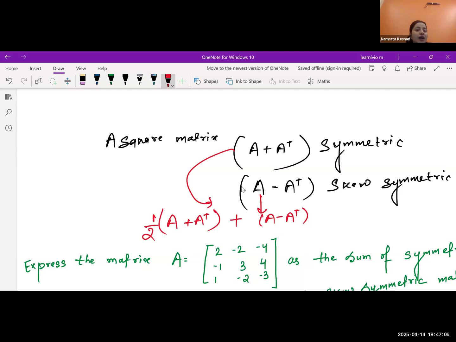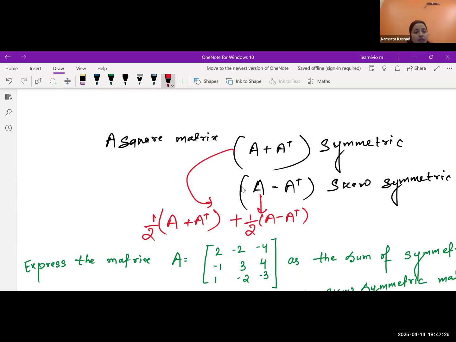If you have a symmetric matrix and multiply by a scalar, nothing will change, still it will be symmetric. If you multiply a scalar in a skew symmetric matrix, still it will be skew symmetric, because we are multiplying with each and every element of the matrix, right?